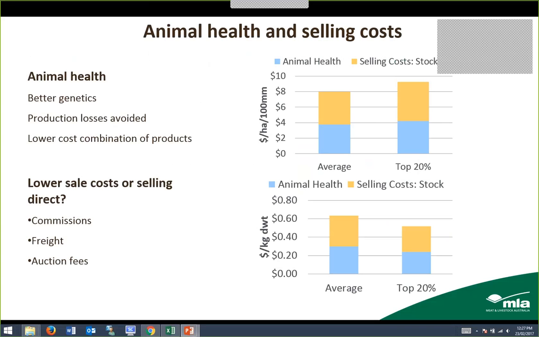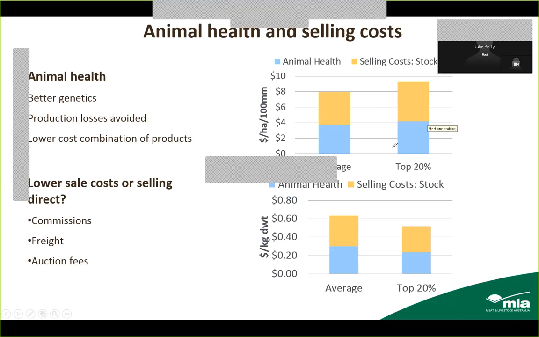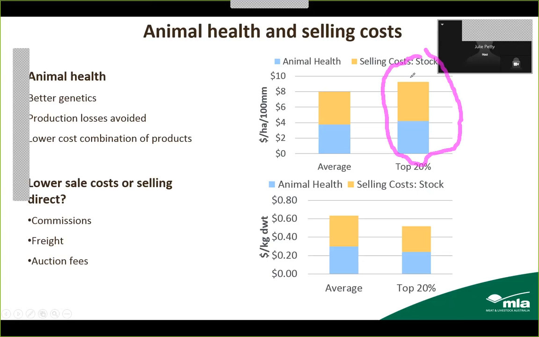Okay, so the first point I want to make about animal health and selling costs is that achieving lower cost of production is not all about spending less. So if you have a look at, in this case, the top producers, they spend more per hectare relative to these guys.